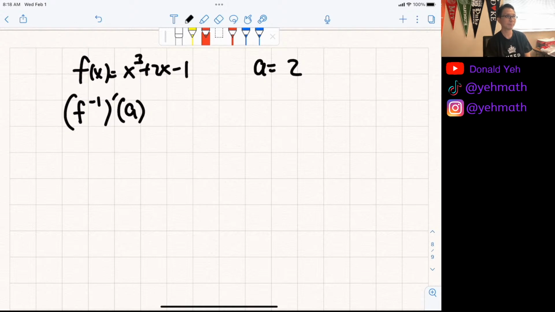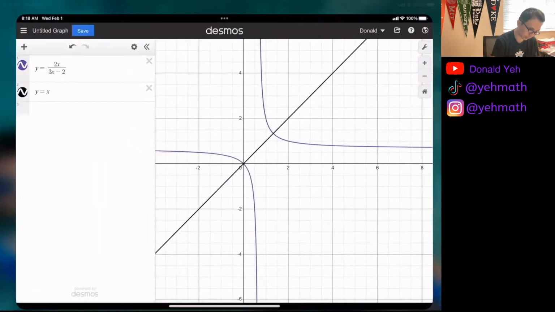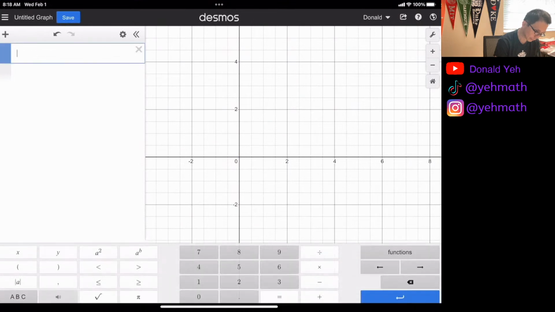No, because it's not strictly increasing or decreasing. Wait, sorry, it is strictly increasing. If you want to see it, look at the graph. Oh, it is increasing all the time. Oh yeah, I see.